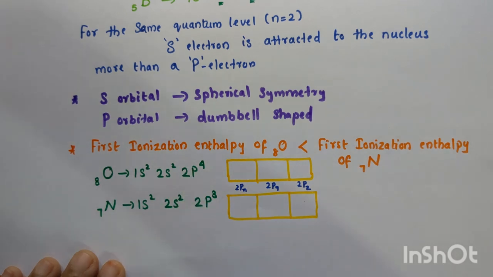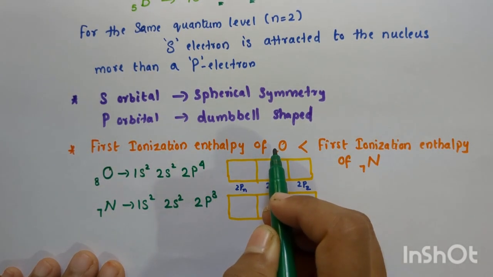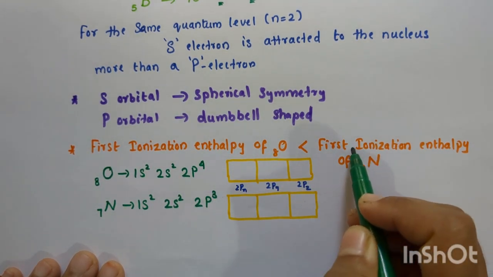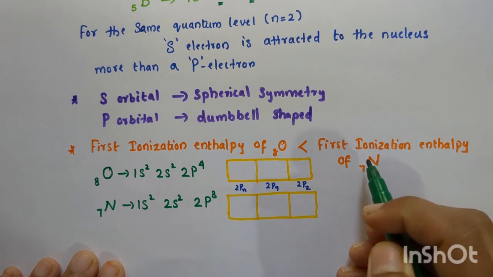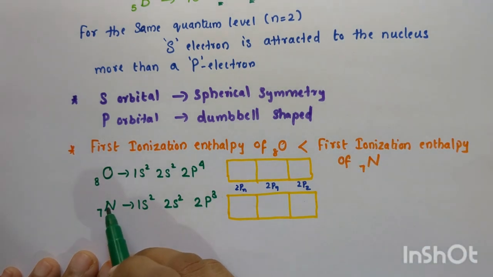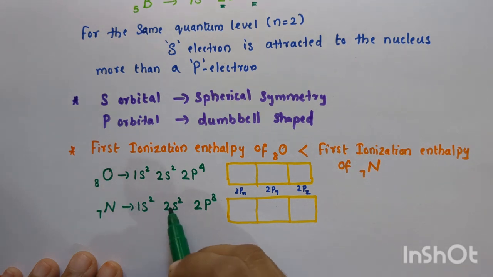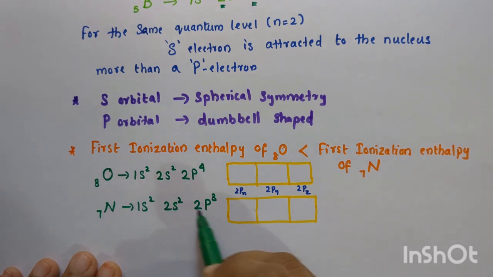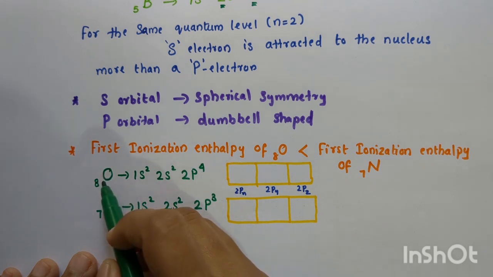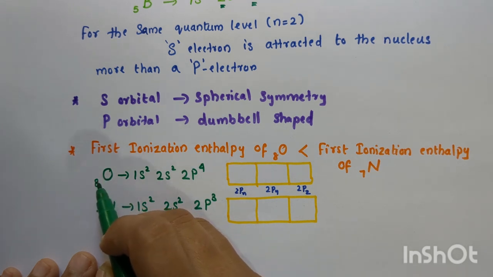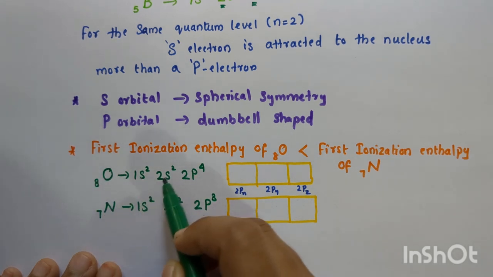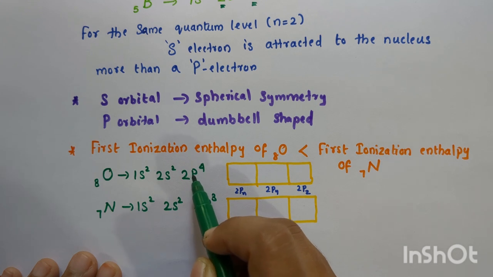Because you see, when you consider nitrogen, its atomic number is 7, electronic configuration 1s2, 2s2, 2p3. So valence electrons are in the 2p level. When you consider oxygen, its atomic number is 8, electronic configuration 1s2, 2s2, 2p4. So valence electrons are again in the 2p level.